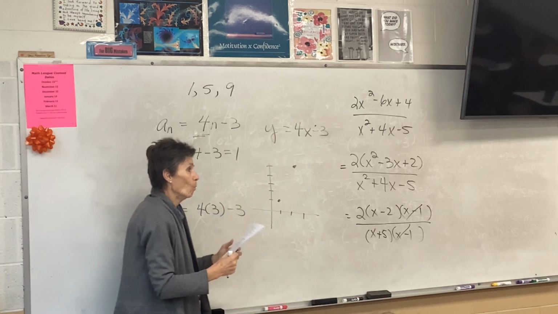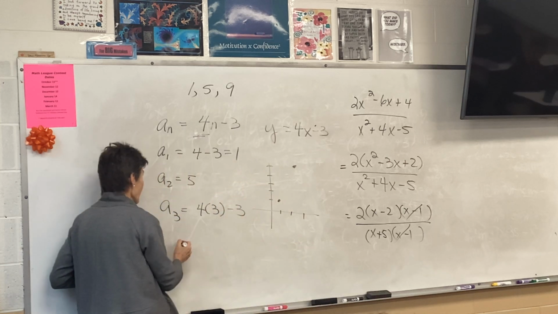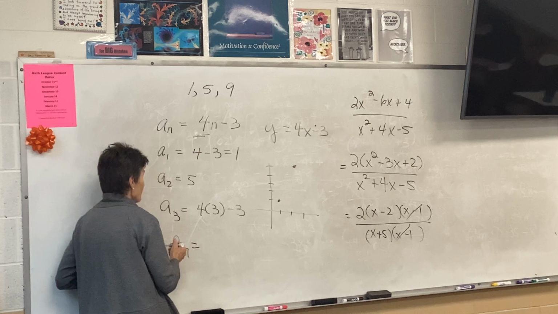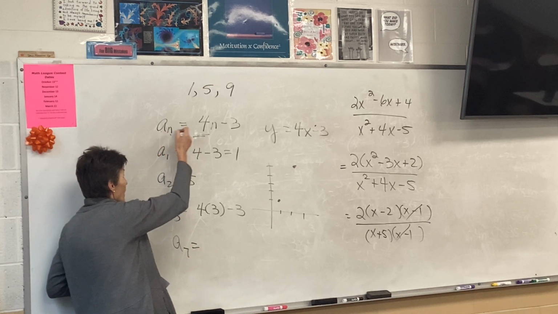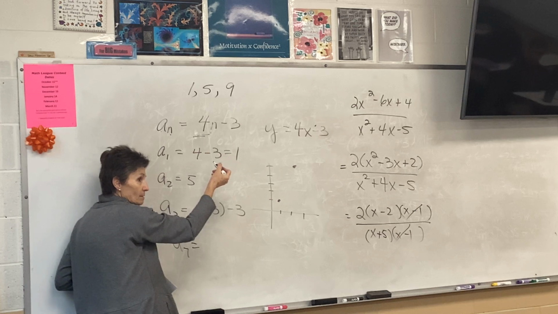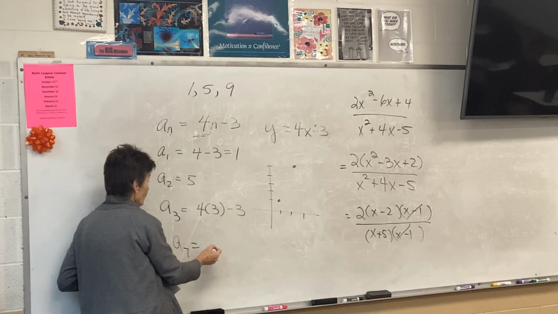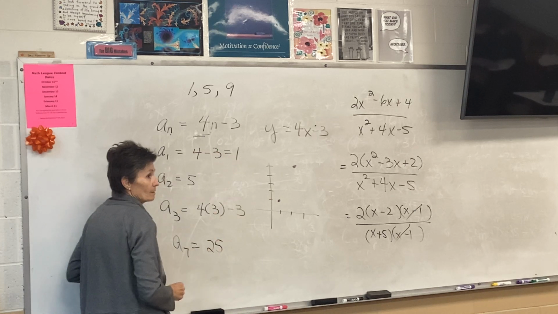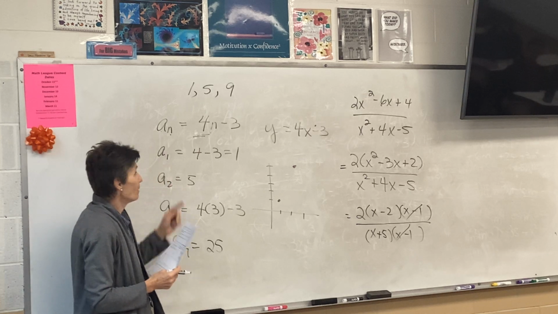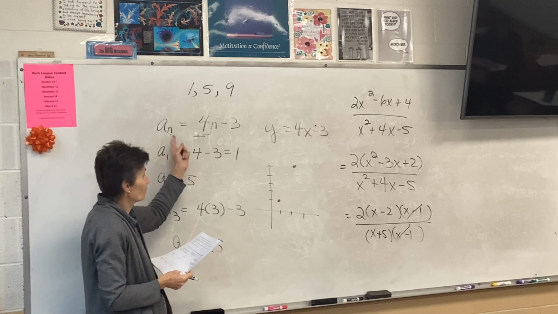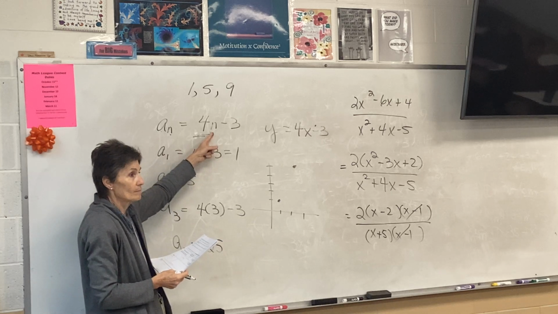Now, I didn't find a sub 7, and the notes asked me to, but that's easy. If I'm gonna find a sub 7, I'm just gonna let n be 7. So what is that, 25? I can find any term I want by just plugging its term number into my formula.